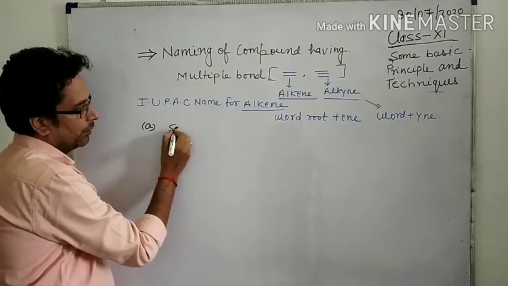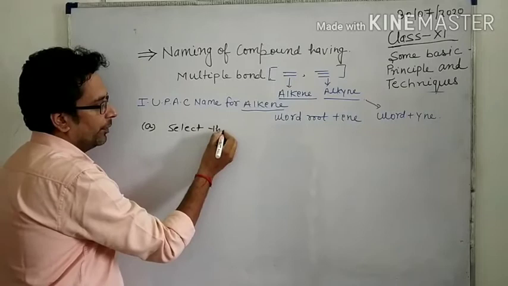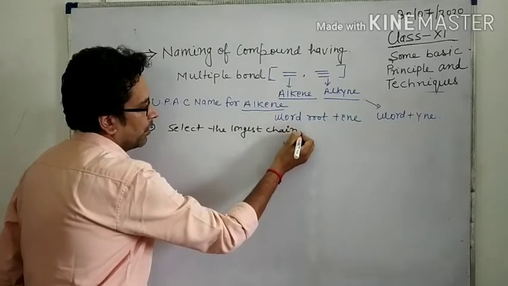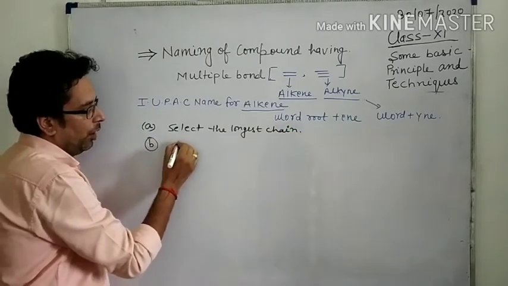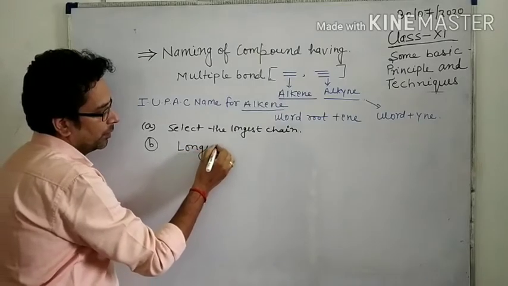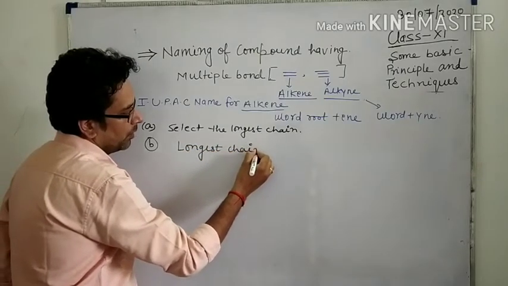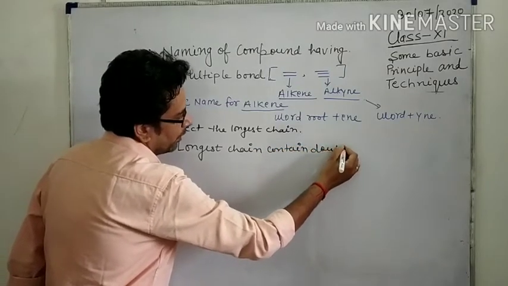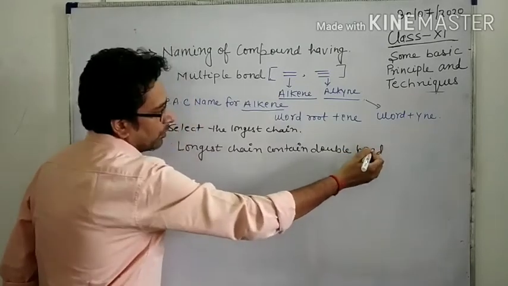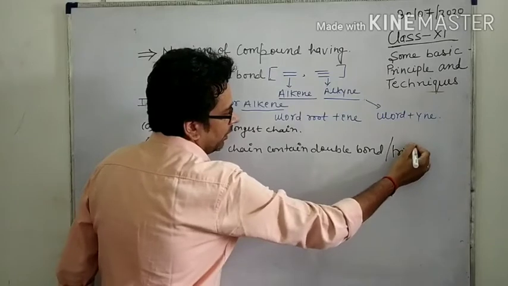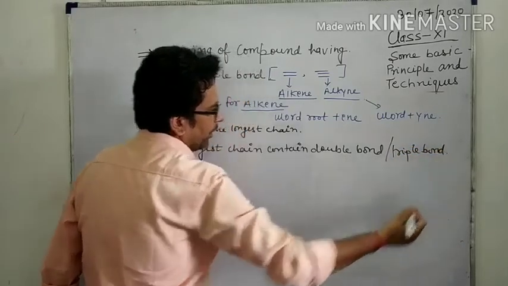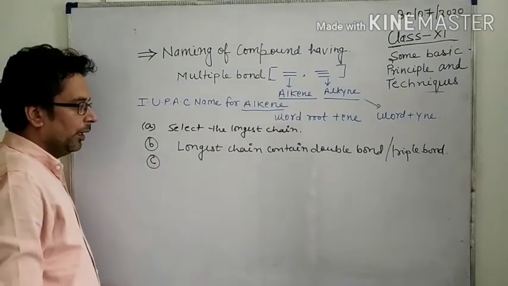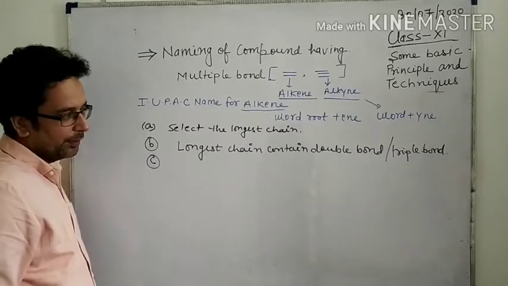Now point B: the longest chain must contain the double bond or triple bond.